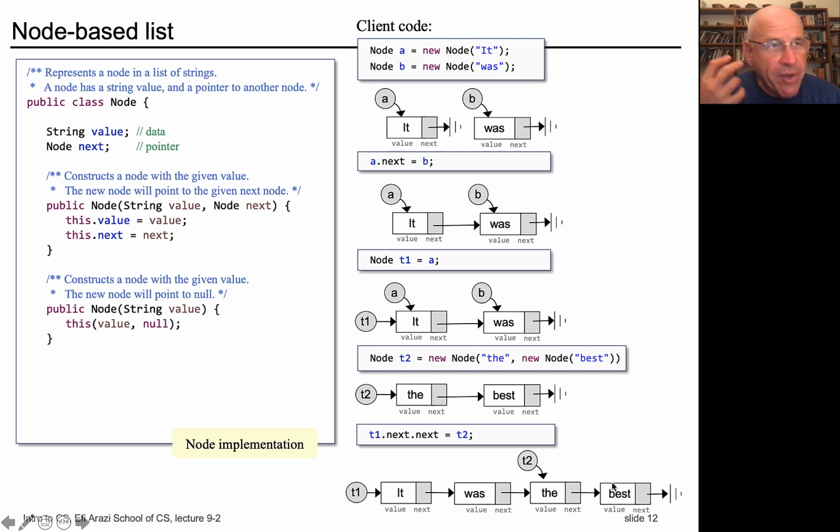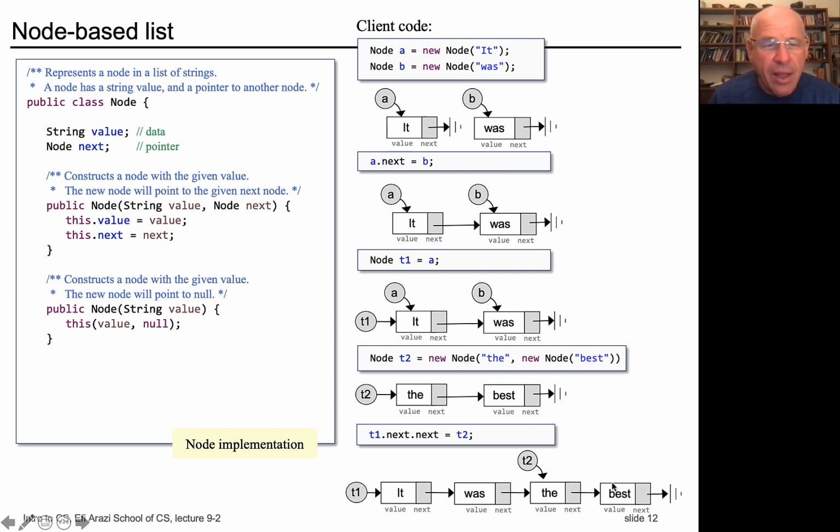If you look at the previous lecture, you will see that a constructor can call another constructor using the magic syntax this, open parentheses, and that's an example of code reuse. We could have said this dot value equals value, this dot next equals null. It would be the same effect. But I prefer to call my other constructor because in reality, the first constructor can do many more things, and I don't want to repeat all this code in the second constructor.